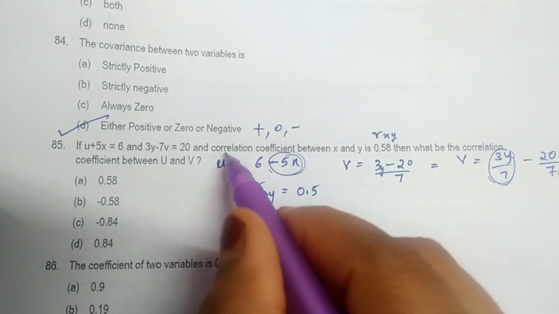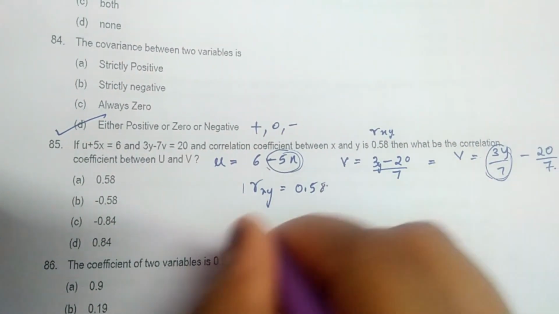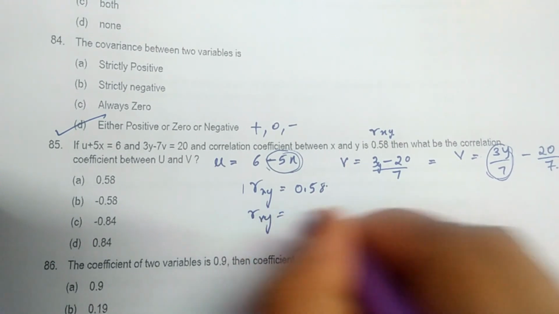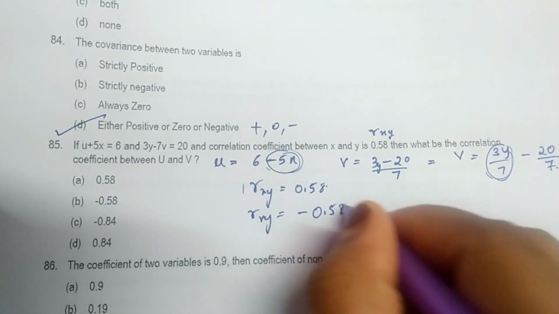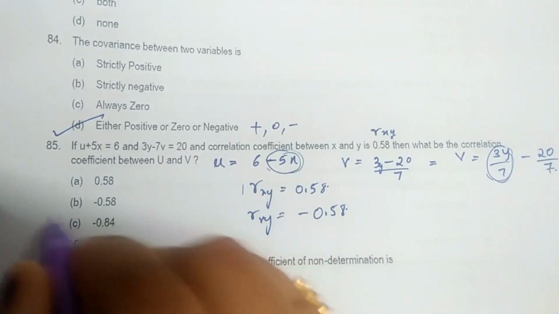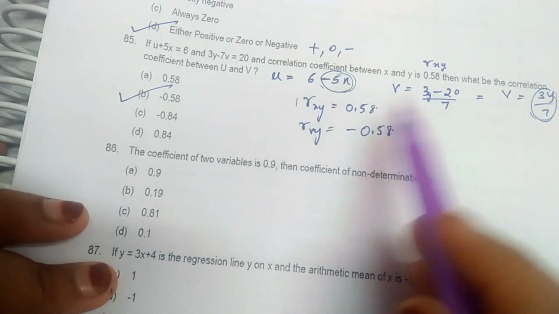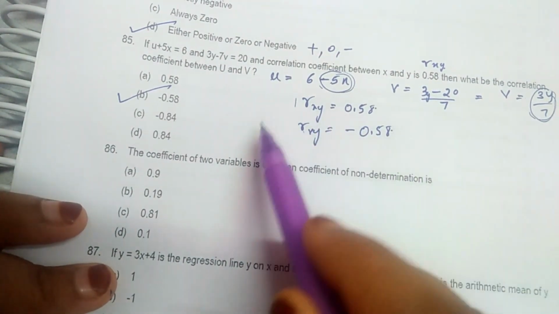But herein, we need to get u and v, so the answer will be negative. So r of uv is nothing but just a change of sign. The opposite sign will come here, -0.58. This is the answer. Herein it's one negative and one positive, so our sign gets switched.